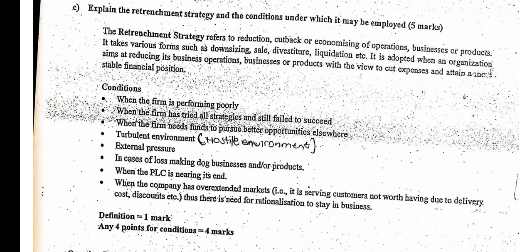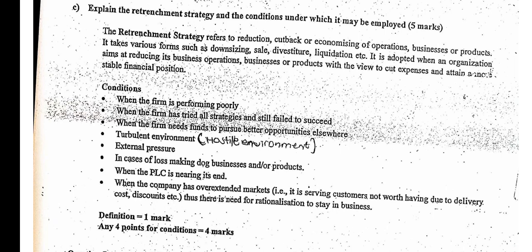So you look at the conditions that may lead to retrenchment. First is when the firm is performing badly, it can decide to reduce its activities. When the firm has tried all strategies but still failed to succeed. When the firm needs funds to pursue better opportunities elsewhere. Turbulent environment, hostile environment, like the environment that is ever changing. You want to do something else.